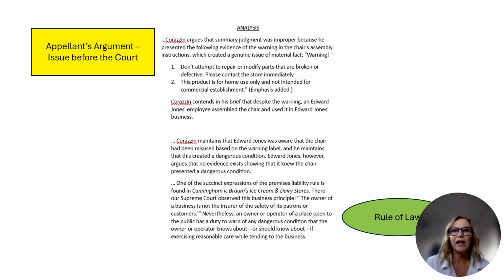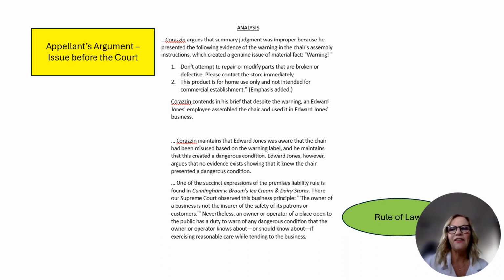And in this case, Corrazin said that the summary judgment's improper because I presented evidence that should have gone to the jury that said, hey, they had a warning. And that's enough evidence to show that Edward Jones had a duty to us. Okay, so we did have evidence that we could have put before the jury and said, listen, they had warning tags, and those warning tags should have put them on notice.